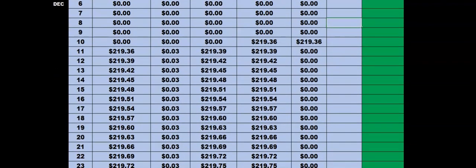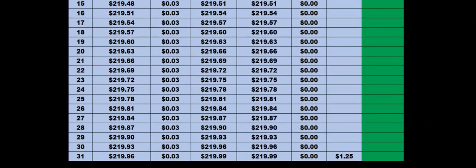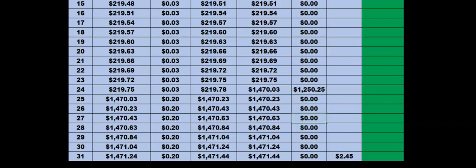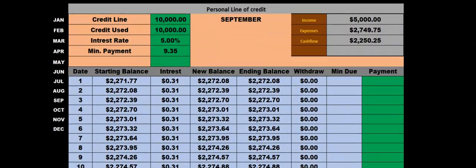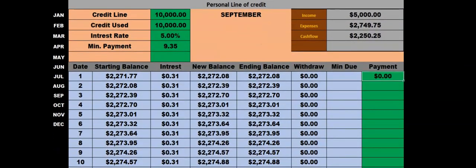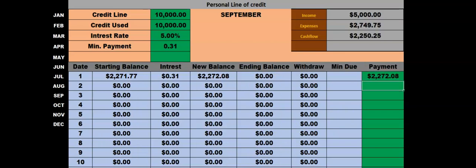On the 24th, we'll have bills again, $1,250.25, and on the 28th, $800. Okay, so September we can put $2,272.08.